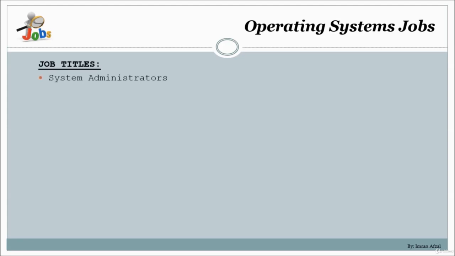The first one that I have is the system administrator's jobs. This is the primary and basic job of a system administrator, to actually deal with the operating system. Any issue that you have with the operating system, any type of implementation, you are responsible for installing the operating system.